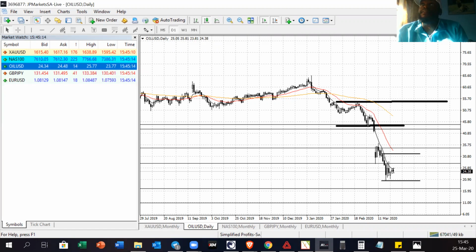Plan C is if this thing starts to retrace, we have a level of importance here between this 30, 35 level and this velocity high. So this is a selling point over here.